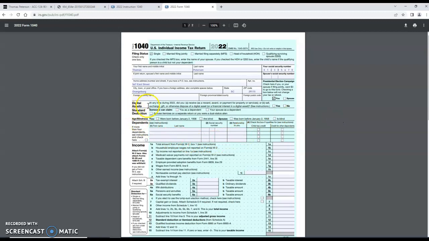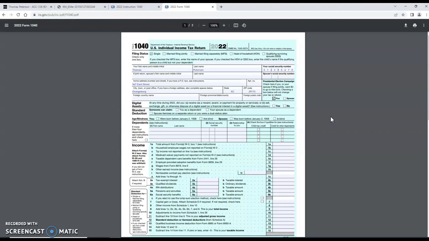All right. Digital assets. At any time during 2022, did you receive as a reward, award, or payment for property or services, or sell, exchange, gift, or otherwise dispose of a digital asset, or a financial interest in a digital asset? See instructions. What they're mainly talking about here is stuff like Bitcoin.